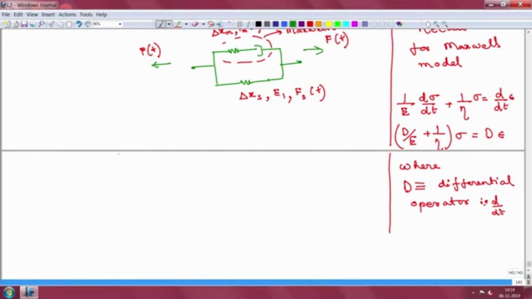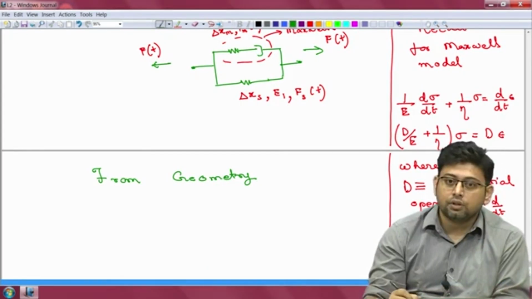okay, for the entire system from geometry we can say, as we discussed earlier, that is going to constrain the displacement, right. So, the displacement of the entire system is going to be shared by the 2 individual systems.